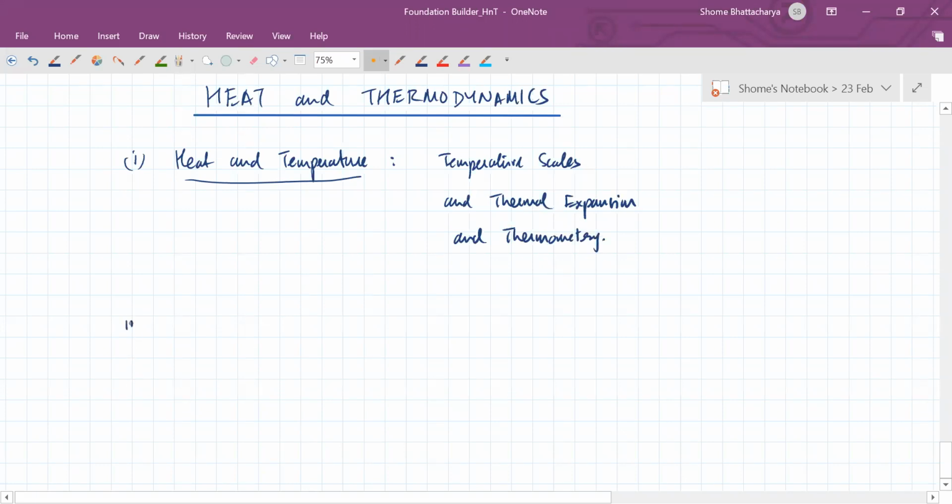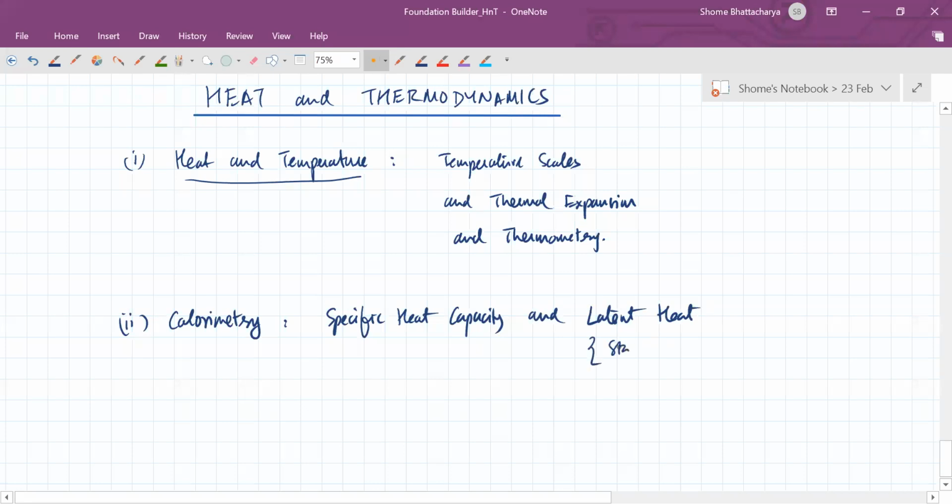The next chapter we will see is called calorimetry, where we will understand the concept of specific heat capacity and latent heat, that is, state change in matter.